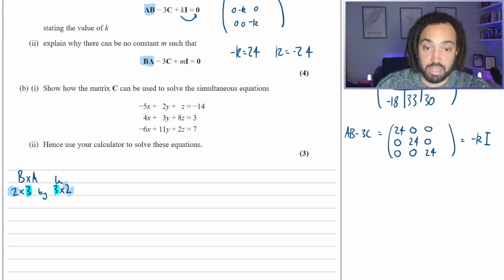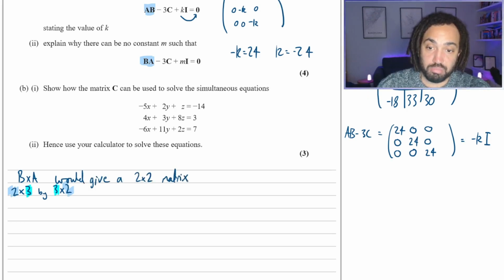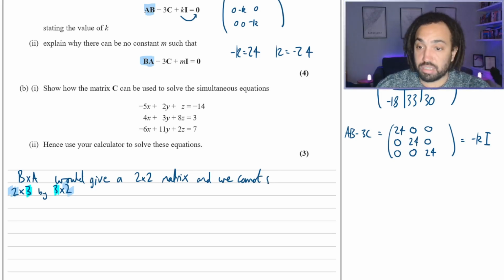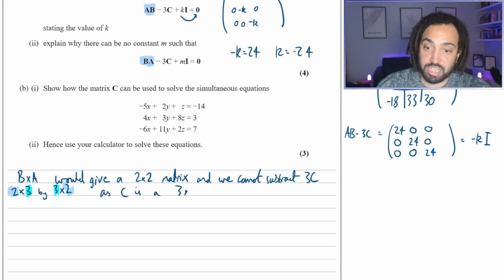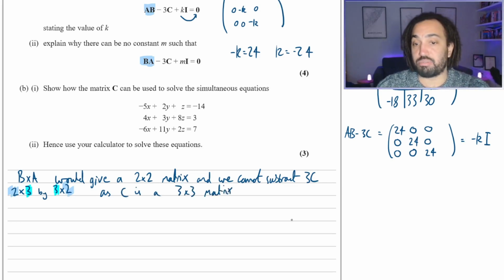So b times a would give a 2 by 2 matrix, and we cannot subtract 3c because C is a 3 by 3 matrix. So we can't do a 2 by 2 minus a 3 by 3. It just doesn't make sense. Okay.